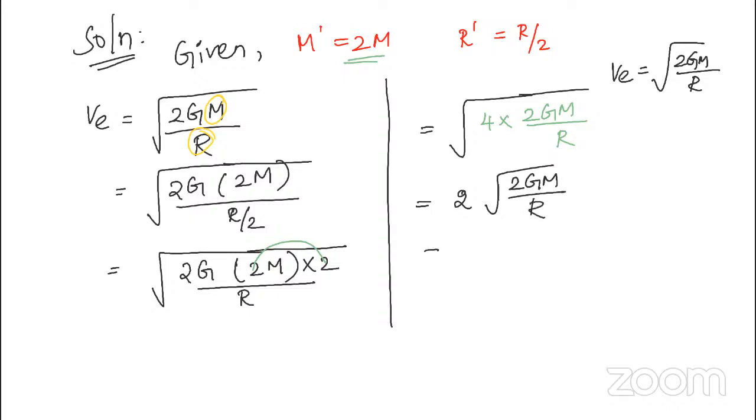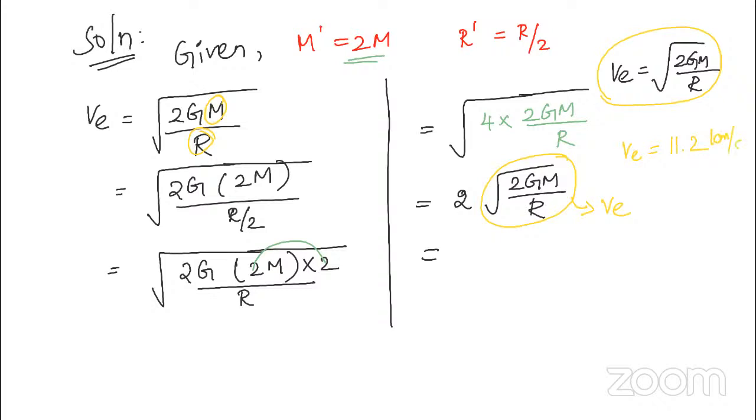So what is the value of square root of 2GM by r? That is simply VE, and we already know the value of VE. It is 11.2 kilometer per second.